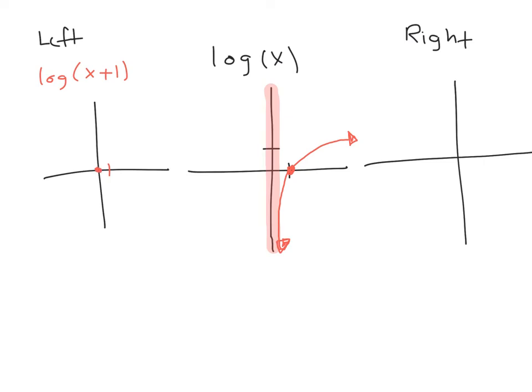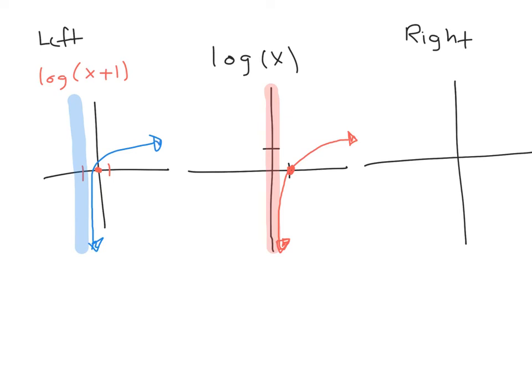And what does that mean for the asymptote? Well, it also moved over 1, and it's now here. And so my new function looks like this. Nothing too crazy, right?